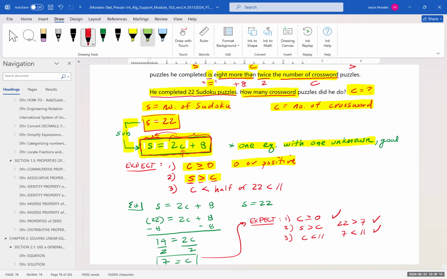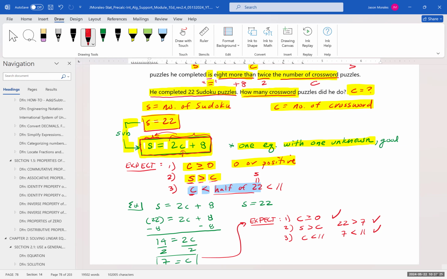All right. And furthermore, and this is another expectation that's a little different than what I maybe noted in a previous example, the number of crossword puzzles is also going to be less than half of 22. Remember, the number of Sudoku puzzles is 22. So how do I know to expect that the number of crossword puzzles should be less than half?